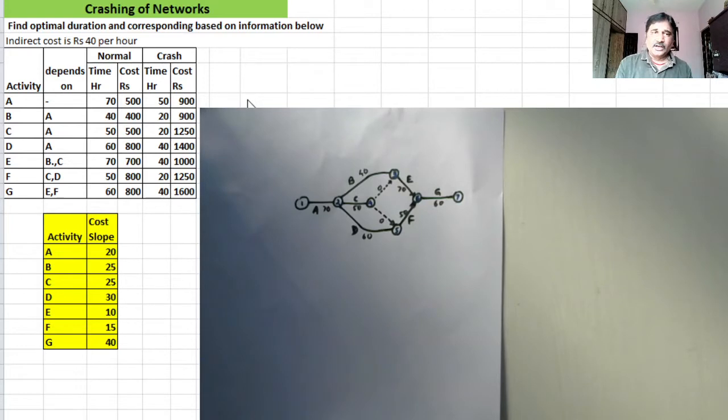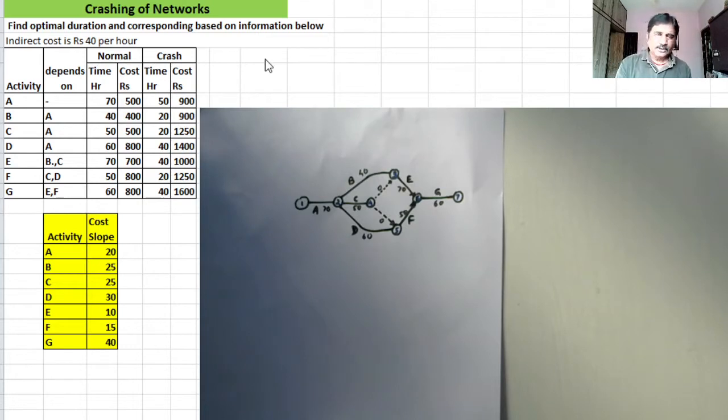That is to say, whenever you have one activity in common and another activity is different in the dependency information column, it is indicative of the use of a dummy activity for representing that on the network. Lastly, activity G depends on completion of activities E and F.